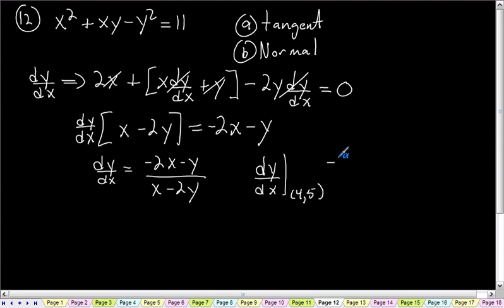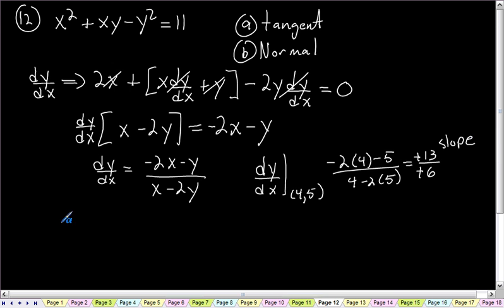So it's 2 times 4 times 5 over 4 squared minus 2 times 5. That becomes a minus 8. That becomes 5. That becomes a minus 13 on the top. The bottom becomes 4 minus 10, which comes out to minus 6. The slope is 13 over 6.